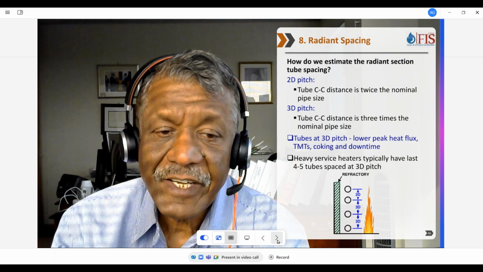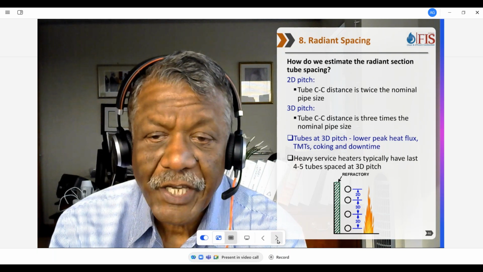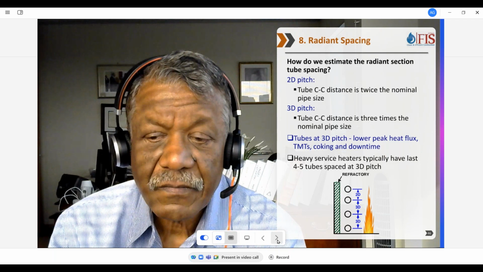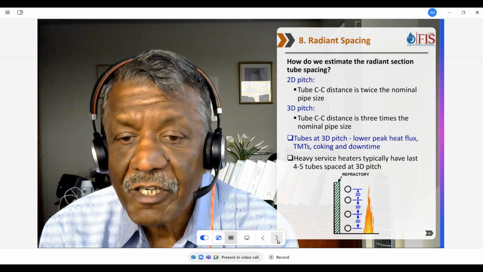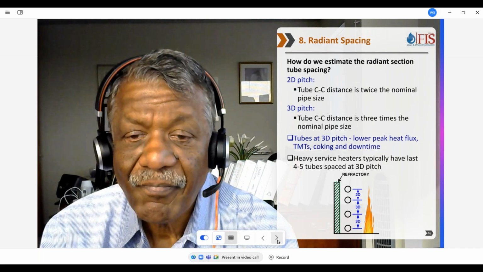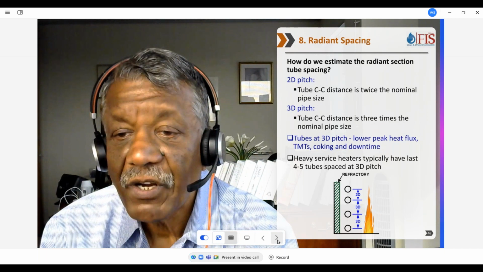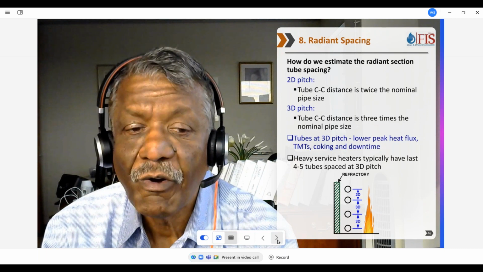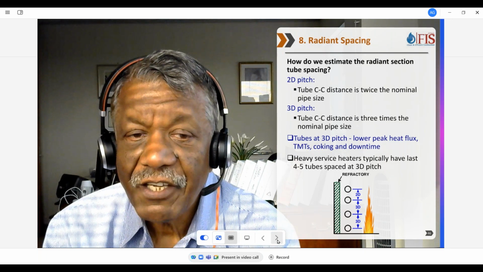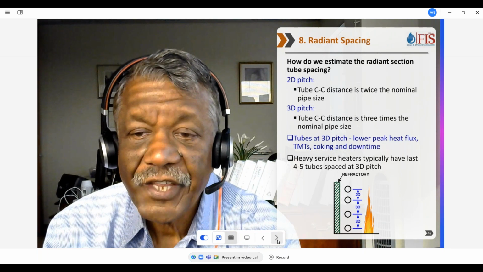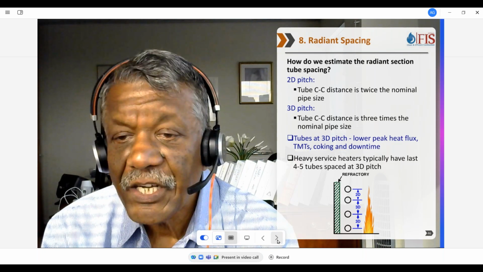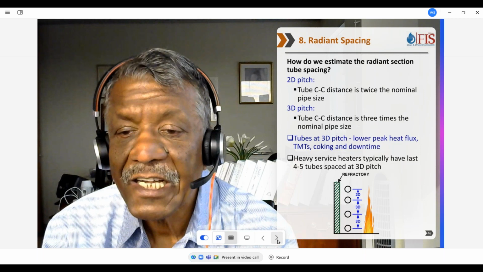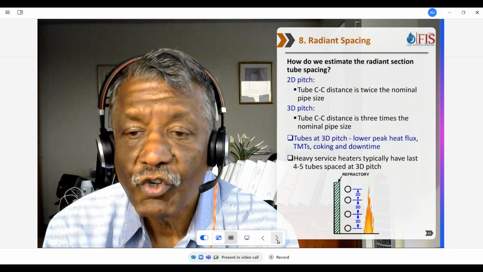Whereas in fired heaters, what we are doing is heating hydrocarbons. And hydrocarbons are prone to cracking. So we have to be very careful and we have to heat them uniformly. And that is why we came up with this concept of 2 diameter pitch, so that we are able to heat the back of the tubes.